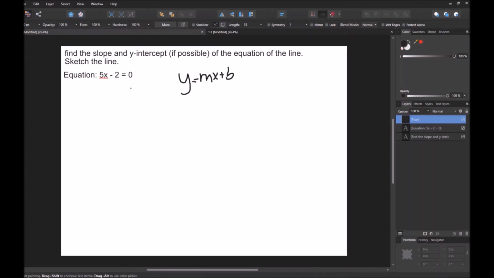However, in this one there is no y, so we're just going to solve for x and see what we get. So we're going to add 2 to both sides, and we get 5x is equal to 2, and then we divide by 5 on both sides, and we get x is equal to 2/5.